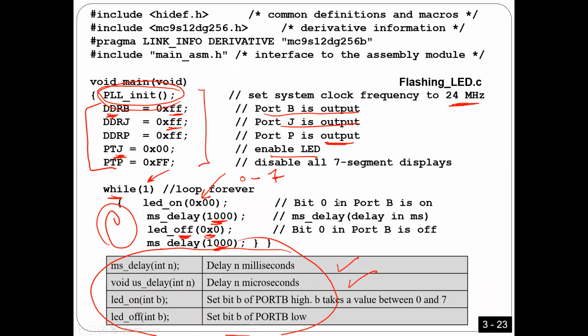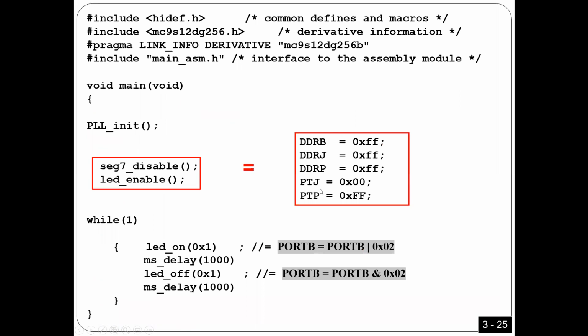And that's exactly what I did here. If you look at this program, guys, that's what I did here in the configuration. But what I want to teach is you can do the configuration this way, or you can use functions. So here, in the configuration, for port B, I have to configure port B as output. I have to configure port G as input.